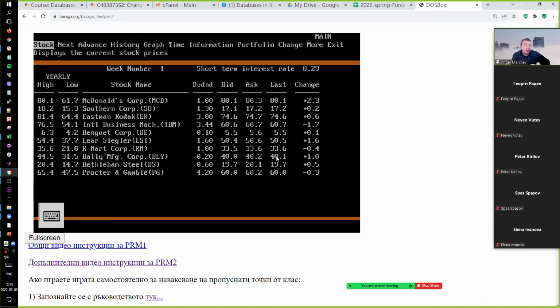It is $40 and 1/8 of a dollar, so 12.5 cents. Okay, why? Because this is the way the New York Stock Exchange works. Long story short, probably for the better, but anyway, it is already there. So remember that apart from the dividends, everything else is not in decimals, but in fractions of eighths.